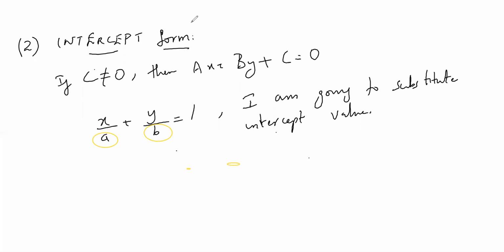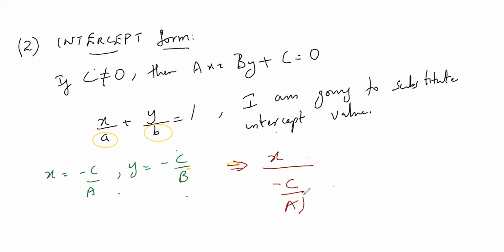Okay. So from the last diagram, what did I get as my x-intercept? x is equal to minus c by a, I got it. The y-intercept is y is equal to minus c by b. Correct? Now instead of these yellow lines, I'll be substituting these things. That's all. So this implies x by minus c by a plus y by minus c by b equal to 1.